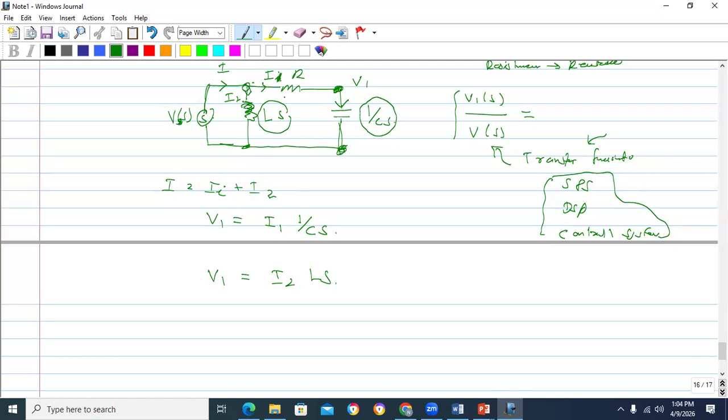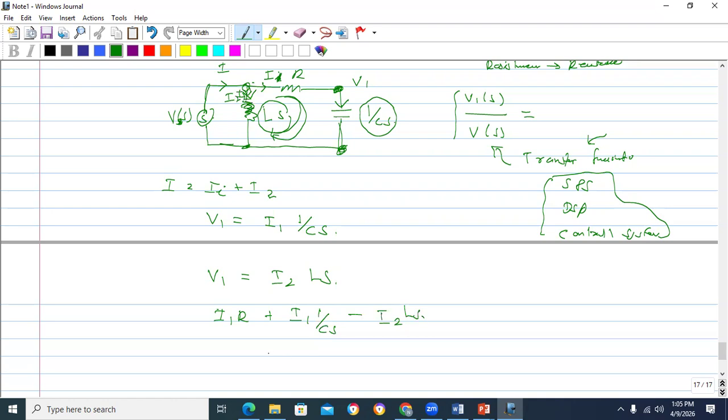If you apply Kirchhoff's voltage law within this loop, it will be I1 R plus I1 times 1 over Cs, and since I2 is flowing in the opposite direction to the way we are applying the law, it will be minus I2 Ls.